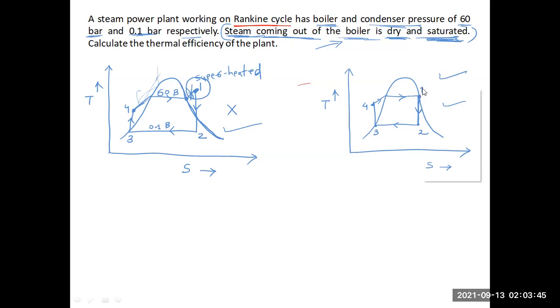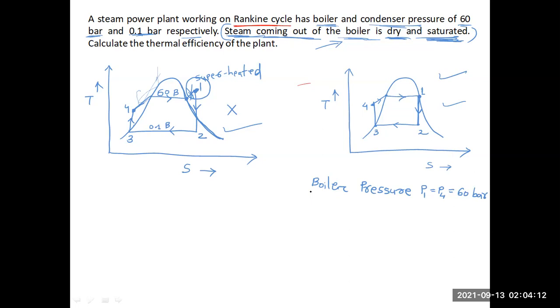Right now we will just write down the given data. Okay, so the given data is boiler pressure is 60 bar. So boiler pressure means P1 equal to P4. It is constant pressure line. So P1 is equal to P4 equal to 60 bar.